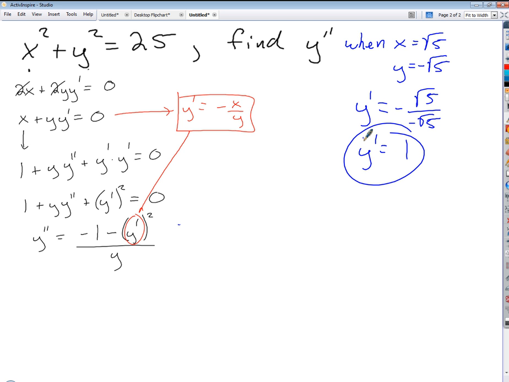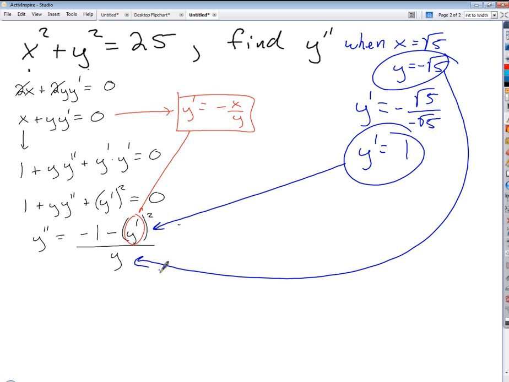So all I have to do then is plug this value in there and that value in there, and I get a numerical value, right? I'm just going to get negative 2 over the square root of 5, which is fine if we wanted to. But wouldn't the whole thing be positive?